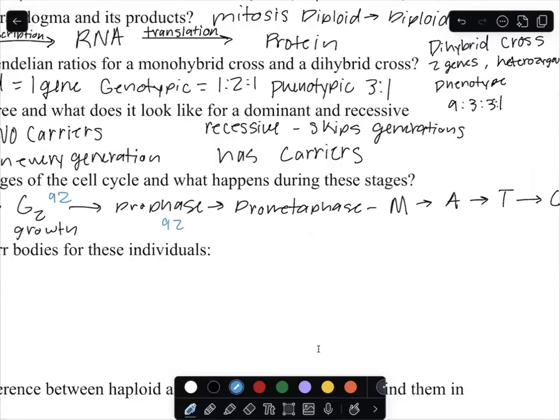This is when, in prophase, the nuclear envelope is disassociating. The spindle begins to form. Prometaphase is when they attach to the chromosomes, but you still have 92. Metaphase, they line up on the plates. You would still have 92. And anaphase is when they actually get pulled apart.